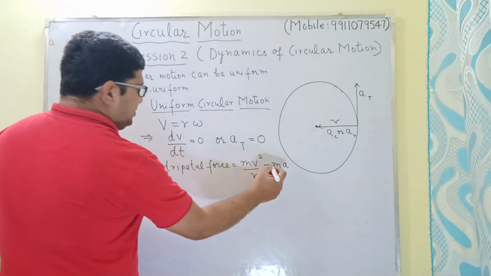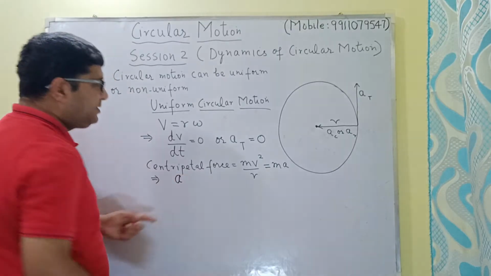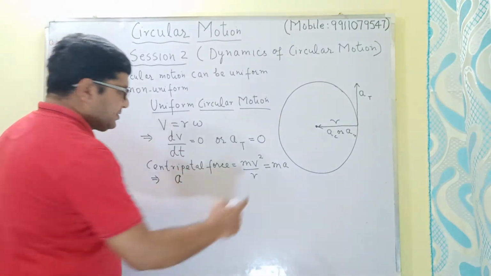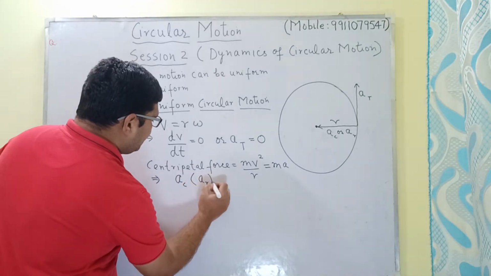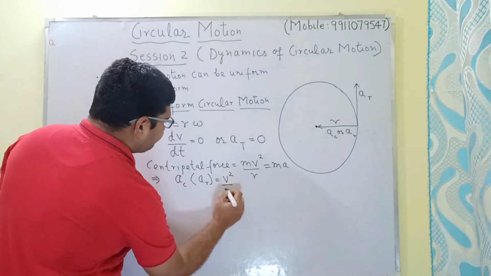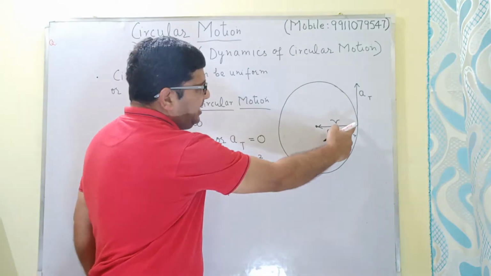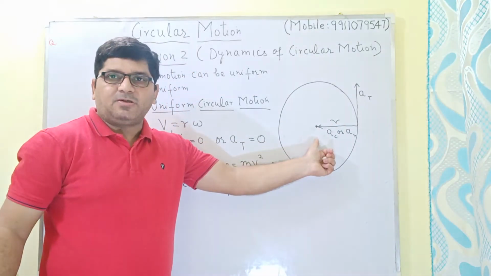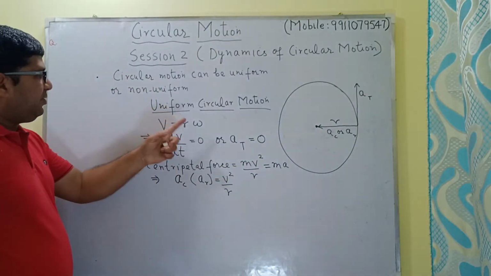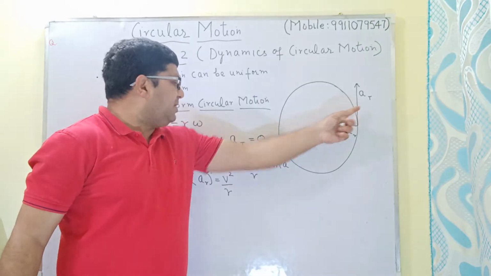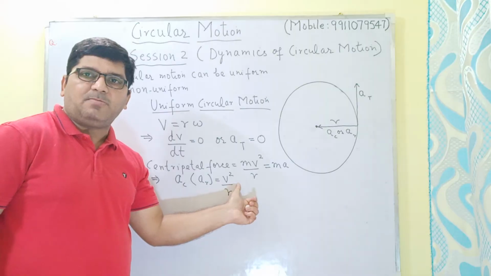From this relation, we get that AC, or AR, is equal to v square by r. It is directed towards the center of the circular path, as I have indicated here with an arrow. So in uniform circular motion, the tangential acceleration is 0 and the centripetal acceleration is equal to v square by r.